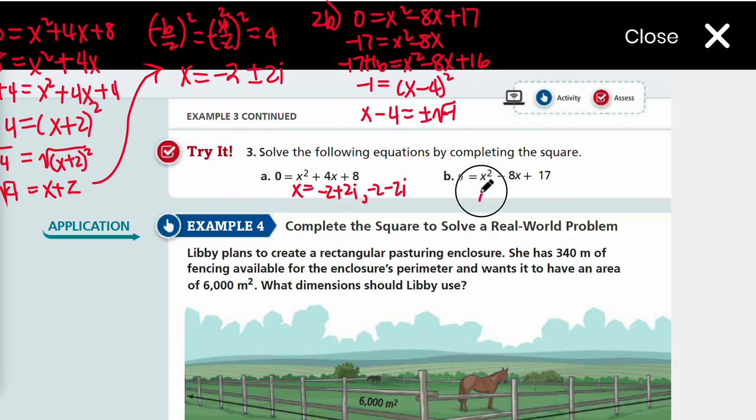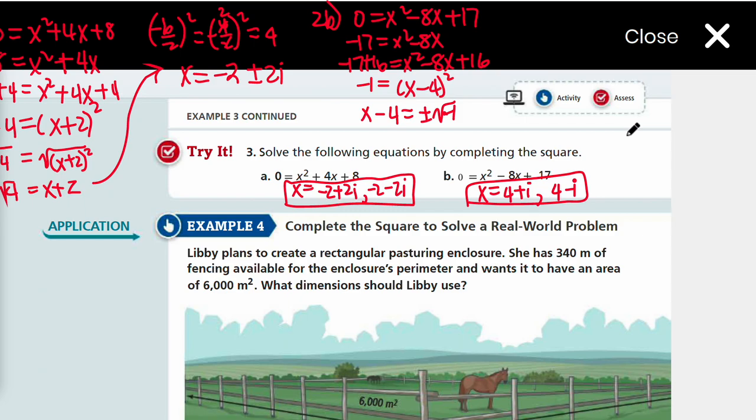So your x is going to be 4 plus i and 4 minus i. I'm going to make a box around it. There you go.